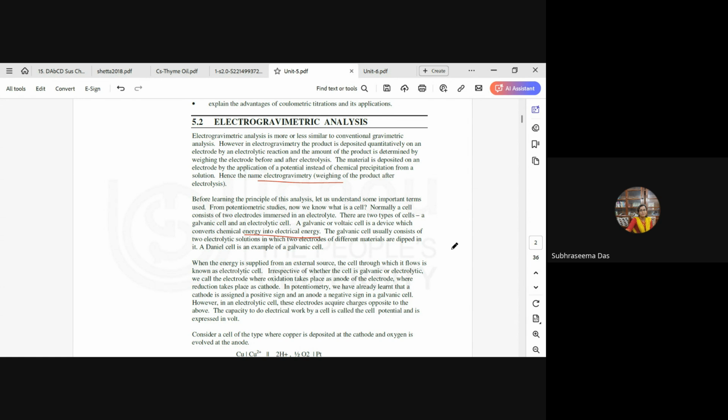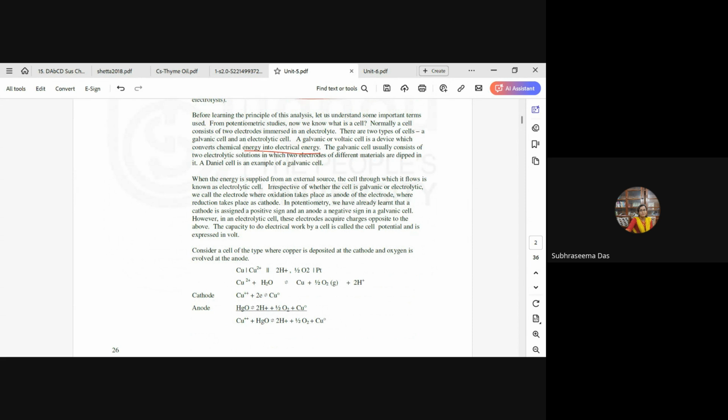We will now consider a cell where copper is deposited at the cathode and oxygen is evolved at the anode. This cell reaction is represented as Cu2+ | salt bridge | 2H+, 1/2 O2, platinum electrode. Then we consider the reaction at the cathode, and we know that reduction always occurs at the cathode.